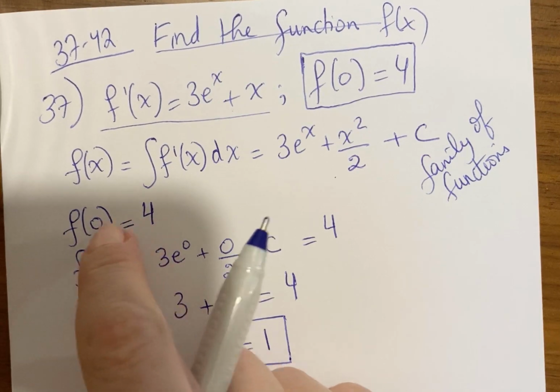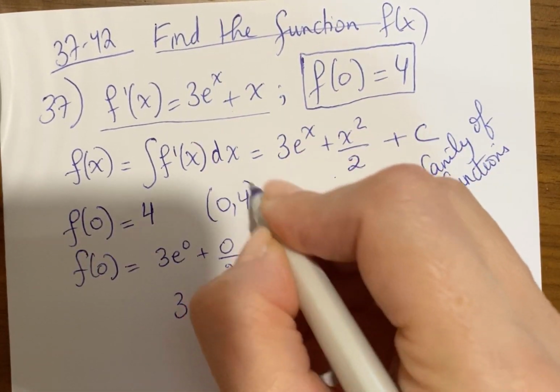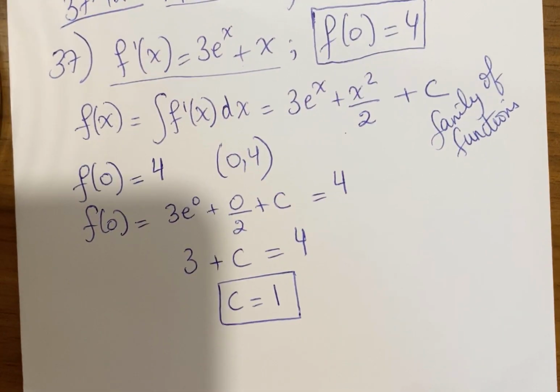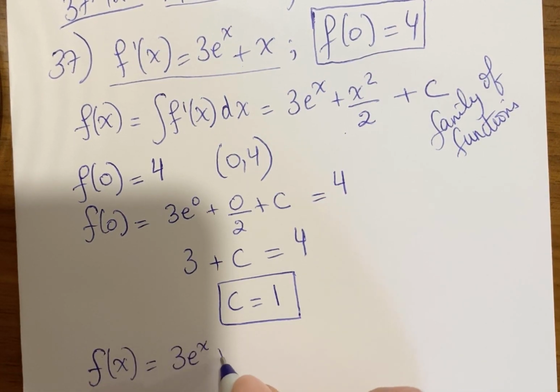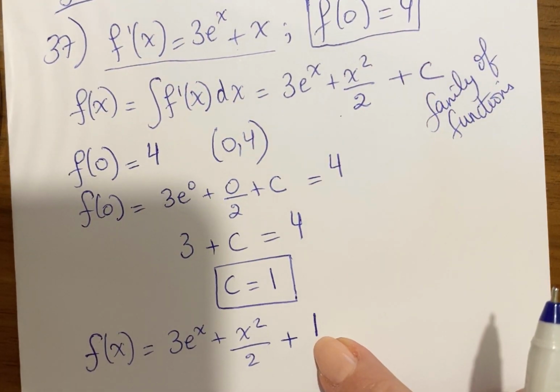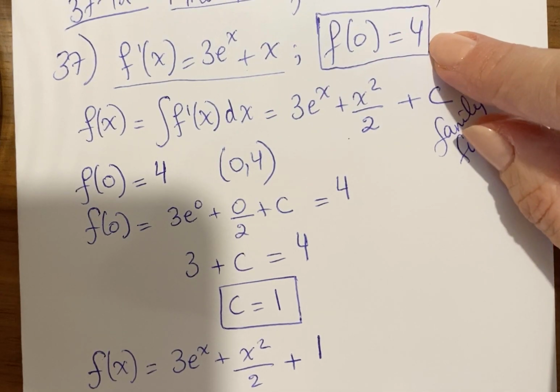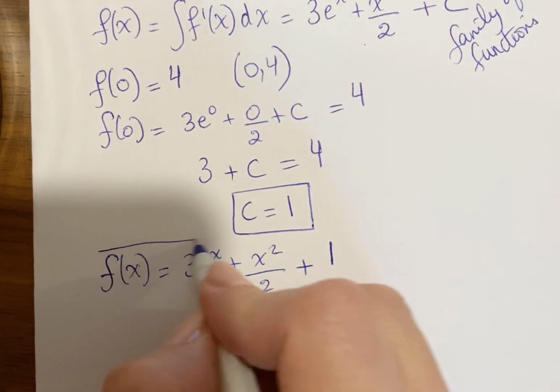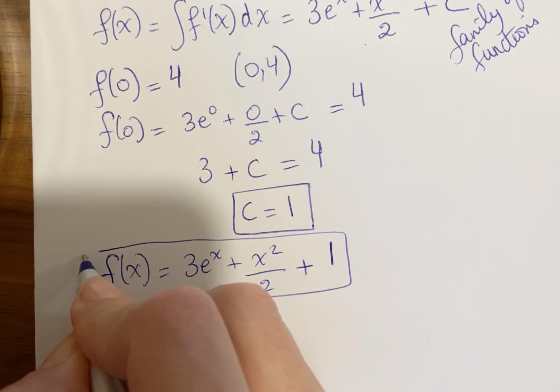So this particular point, which is the point (0, 4) on the curve, lies on which particular function? It lies on the function 3e^x plus x squared over 2 plus 1. The c is 1 for this point to be on the function. And this is the particular function that we are looking for.